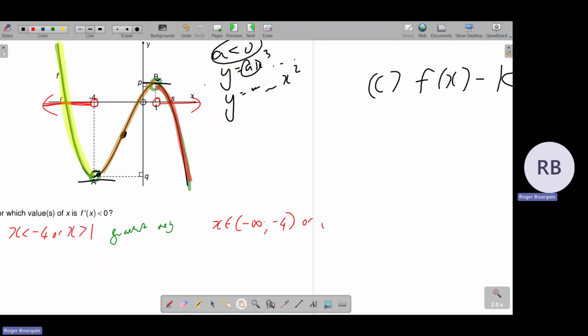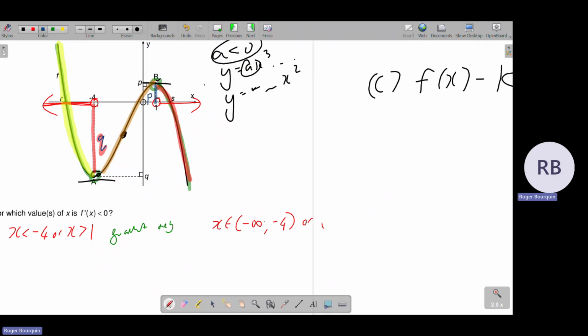You have F of this. So you can move it up, or you can move it down. But this is zero. Okay, but we need to specify how much it is.